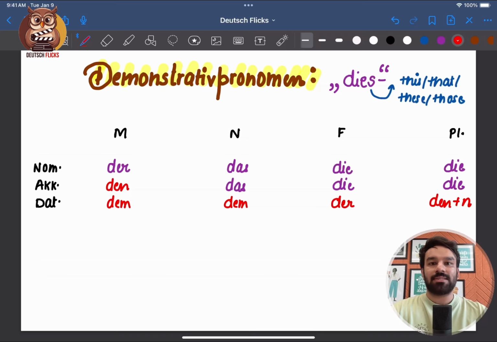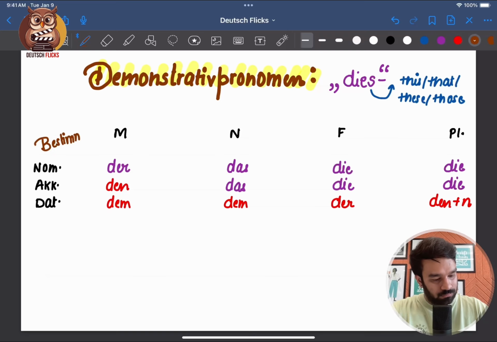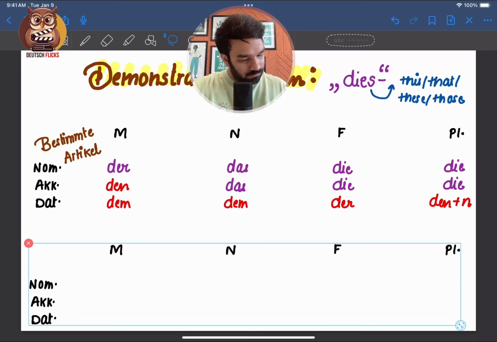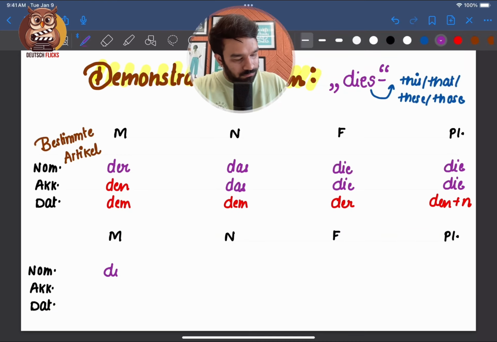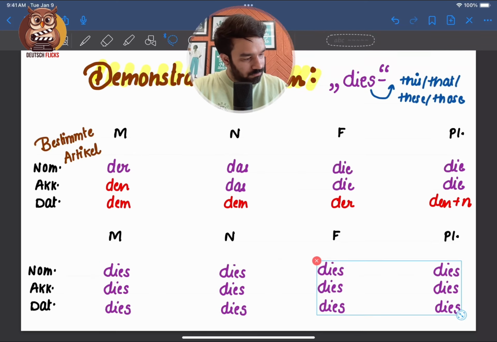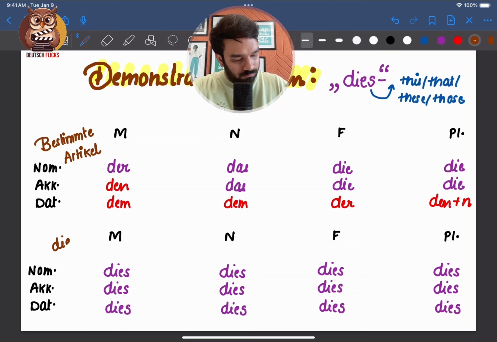We have created this definite article table so many times. Okay, so now we'll make the table for diese. In the nominative masculine, we have der. So we'll take this er as an ending.